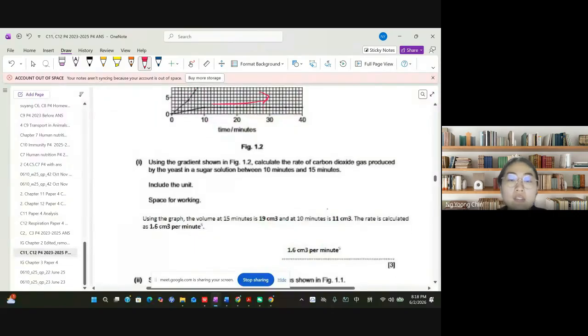And then this one, calculate the rate of carbon dioxide gas produced by the yeast in the sugar between 10 and 15. So you need to take note about this one. Between 10 and 15 is around here.